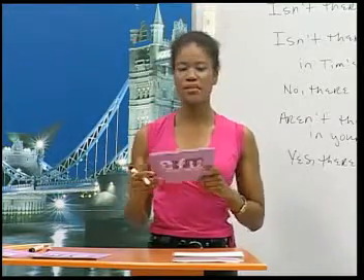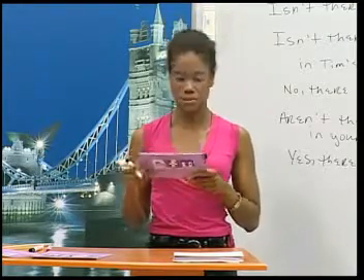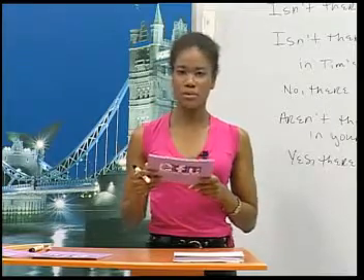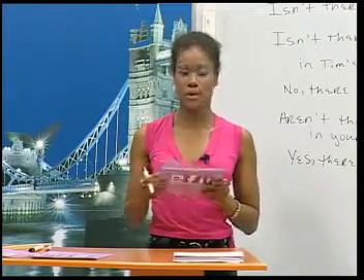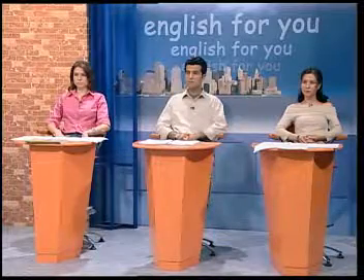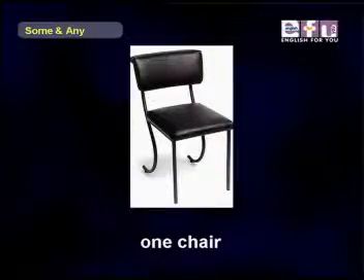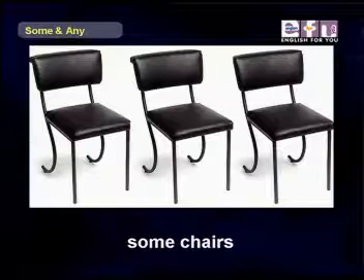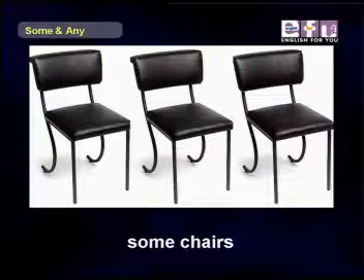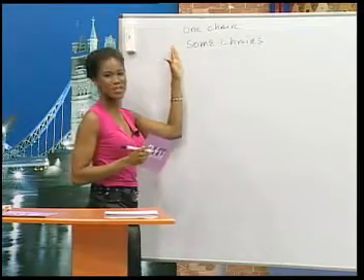It can be used in front of count or non-count nouns. With count nouns, it is used in front of plural nouns. Okay, let's look at some examples. We have one chair. Or plural count nouns, we have some chairs.